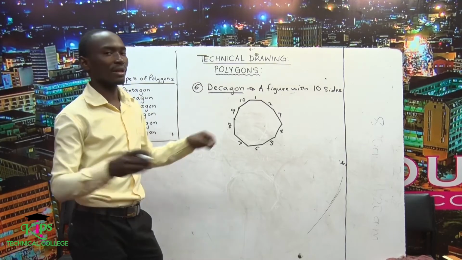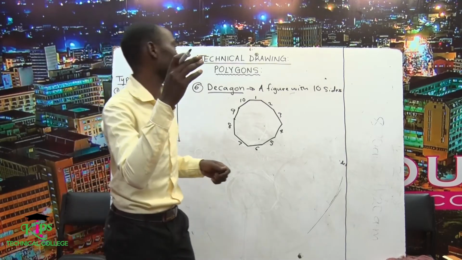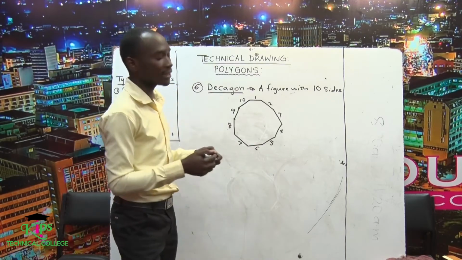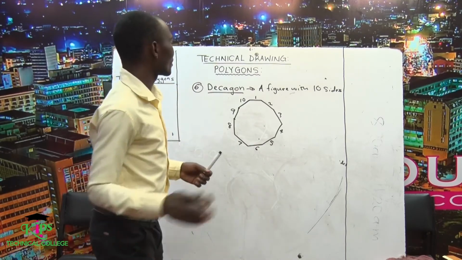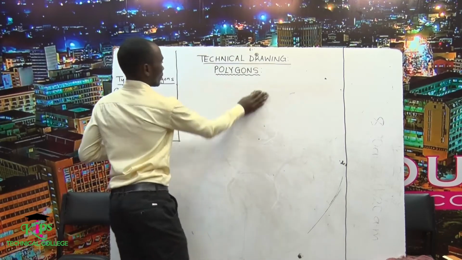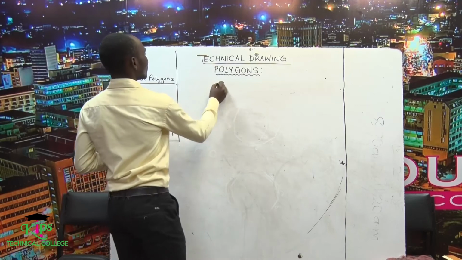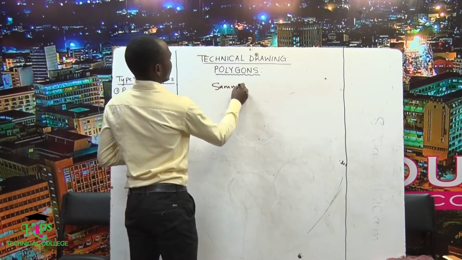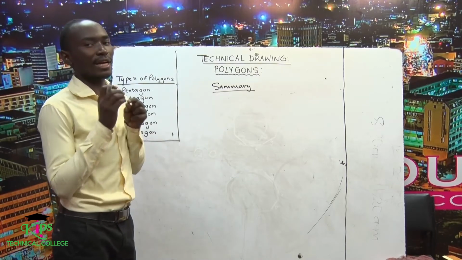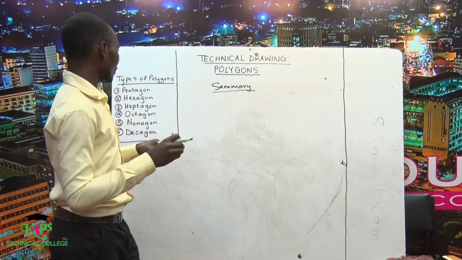And the list will continue. We have the other one with 11, but for now we are going to stop at a decagon. In summary, about what we have said, we have got different types of polygons.